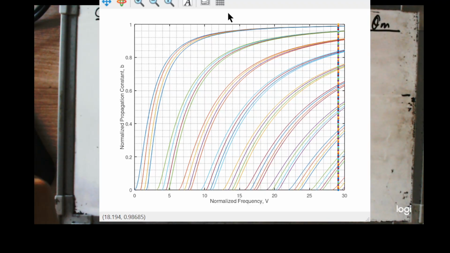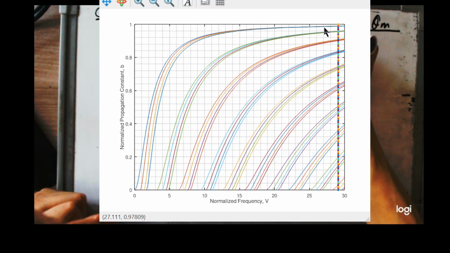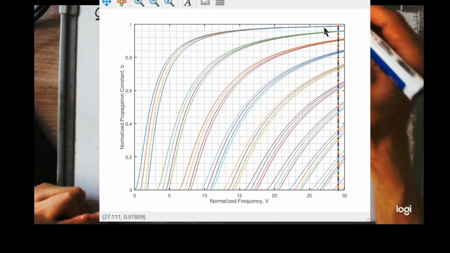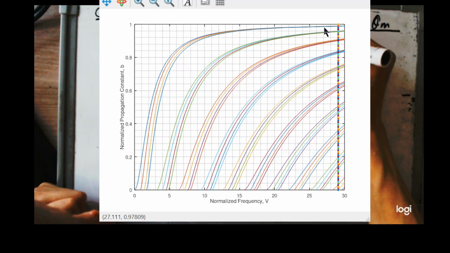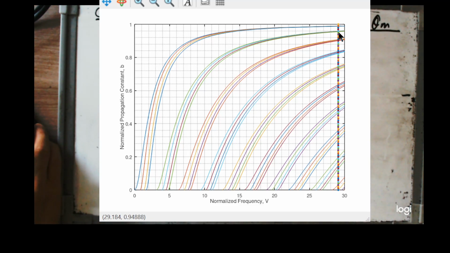So this curve here represents TE0, and so I will write down 0, and the value of B is 0.99. And the next one is 0.954.